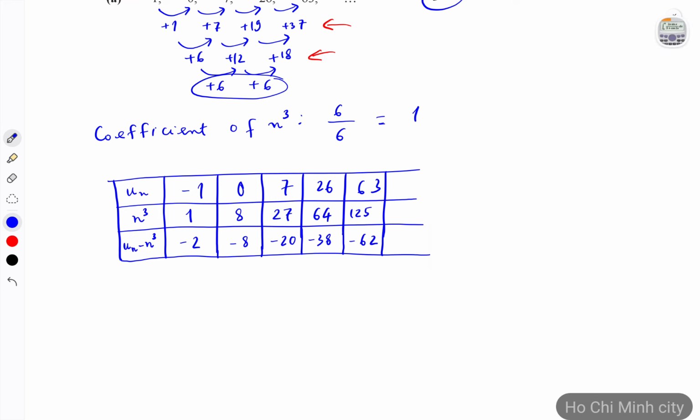So we have the difference between un and n cubed as this sequence.